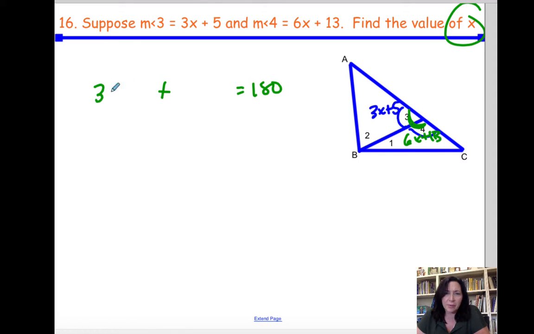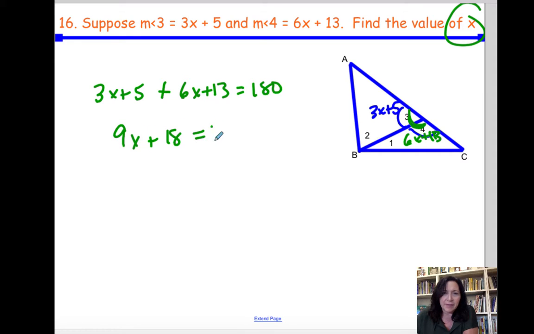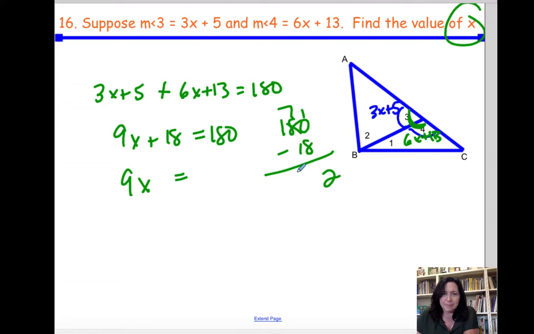So 3x plus 5 plus 6x plus 13 is equal to 180 degrees. So we've got 9x plus 18 is equal to 180 degrees. Subtract 18, so you have 180 minus 18, which is 162.